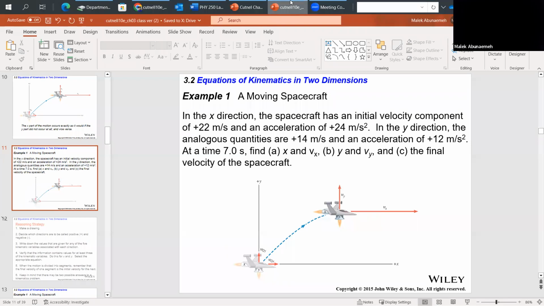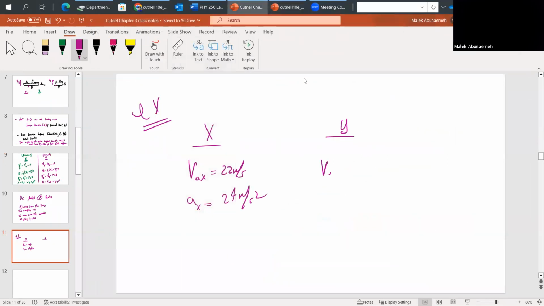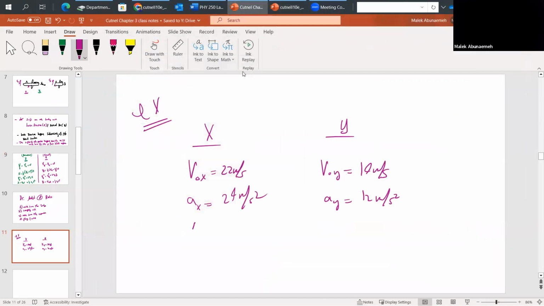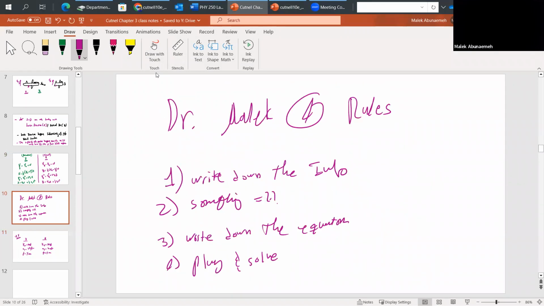We also have in the y direction the initial velocity, which is 14 meters per second, with an acceleration a y of 12 meters per second squared, with our time being 7 seconds for both. So that satisfies our first rule, which is write down the info.